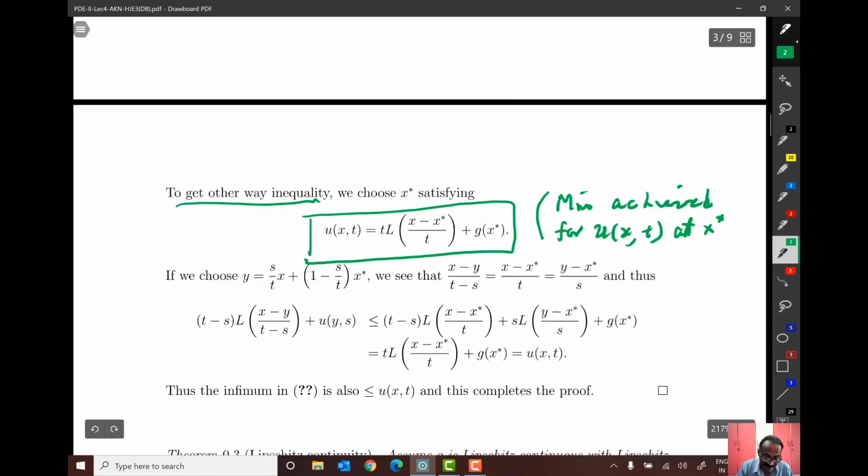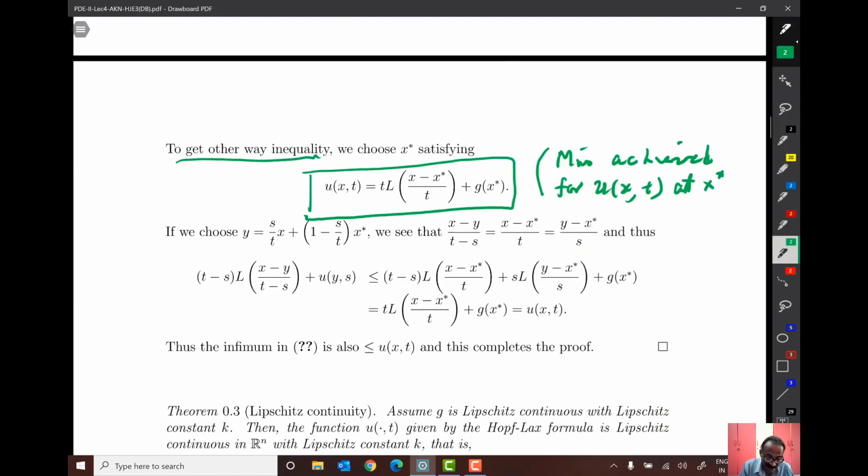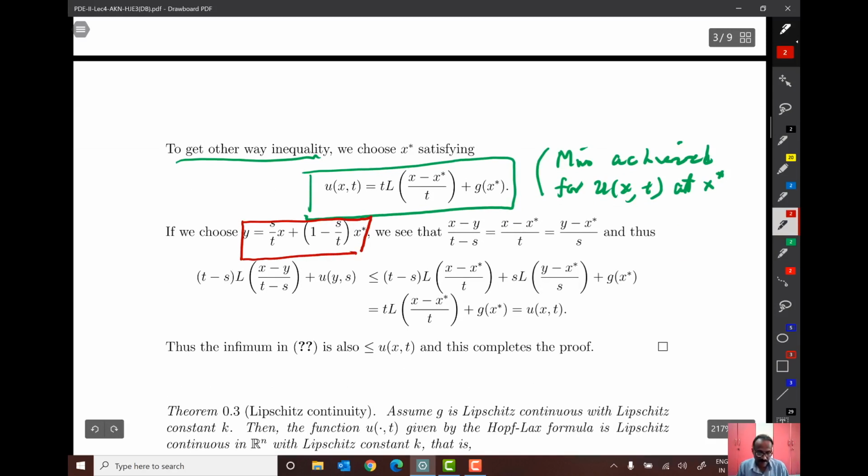Again, it's a similar trick. I want to get other terms. I use my y a little more cleverly here. I will write y as a convex combination in this form. Once you use it, you can get this equality formula.